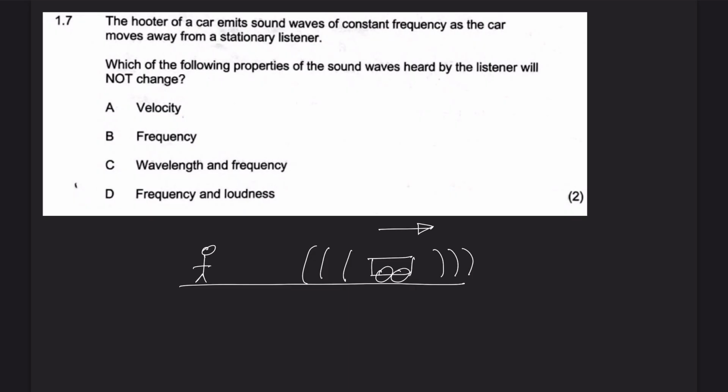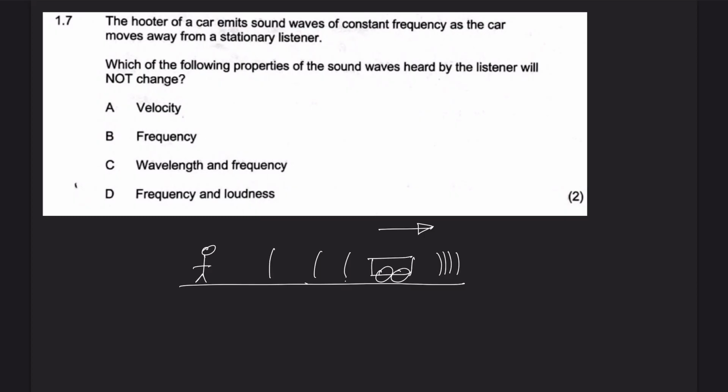So the waves in front of it are actually going to appear closer, like this. And the waves behind it are sort of going to be dragged. In other words, they're going to be stretched a bit, like this.